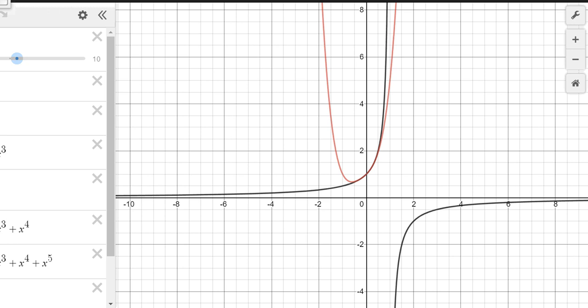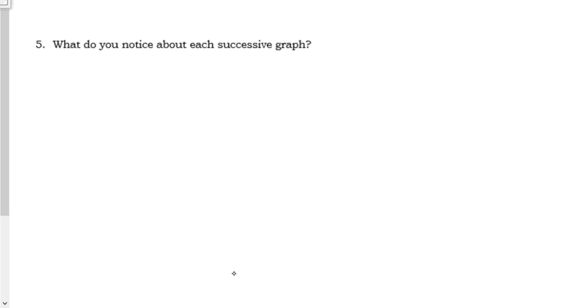Down here at -8, this black graph is so far away from the red curve. But there is a section for which they're close together. So, back to our question. What do you notice about each successive graph? Well, I would say that each additional term brings the resulting graph closer to that black graph, that original function, at least in part of the graph.